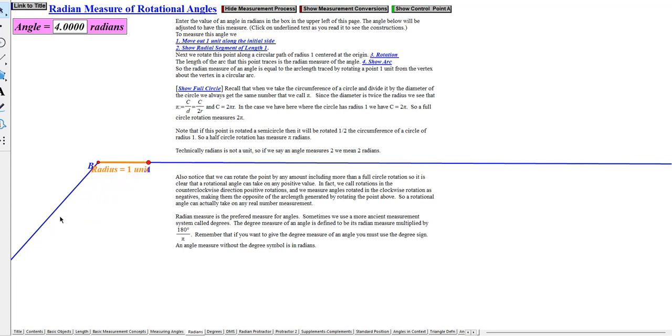Now it's rotating around the shortest distance this way. So this is the way we would do it in our class here. But if we rotated it around this way, in the positive direction, we would have gotten an angle of rotation of 4, bigger than pi. Okay, and so that's how we can do that.